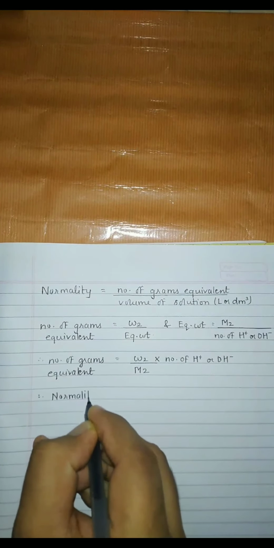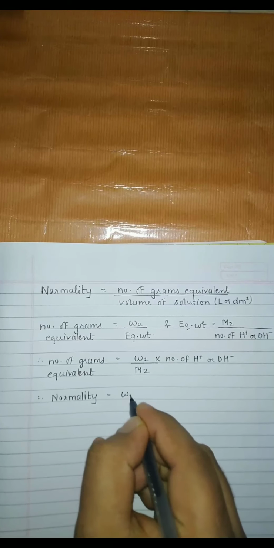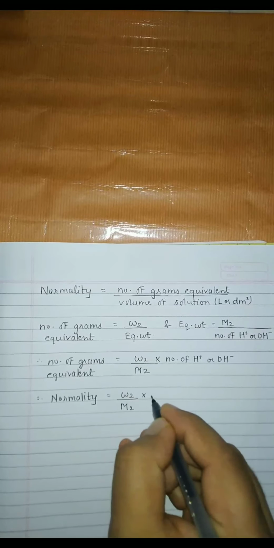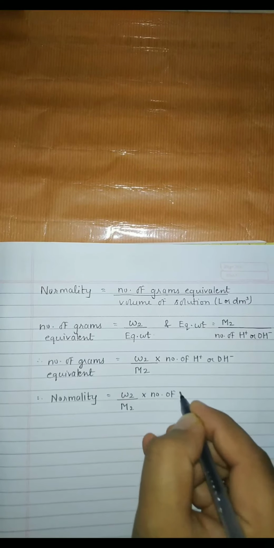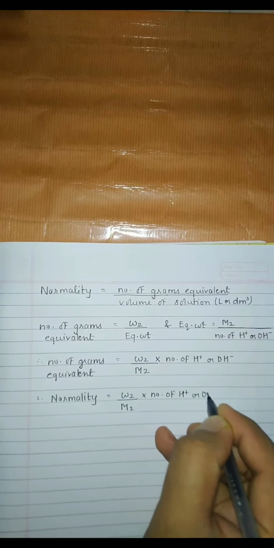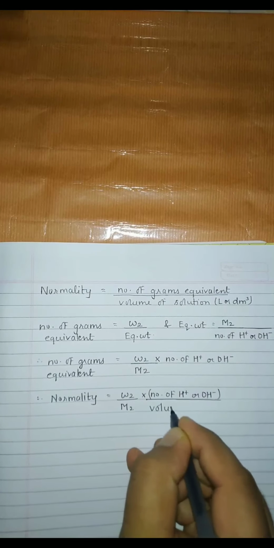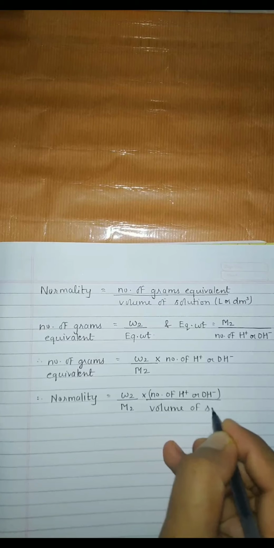Therefore, now formula for normality can be written as given mass W2 upon molar mass M2 multiplied by number of H+ or OH− ions upon volume of solution in liter or dm³.